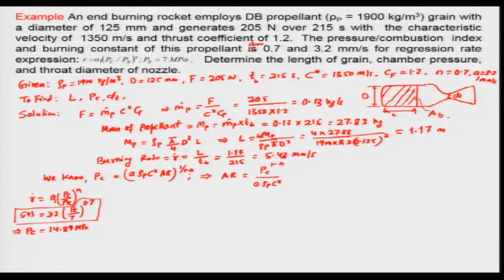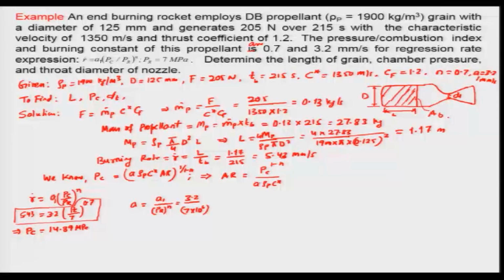And A I need to find out, A is basically in this expression, as we know from this expression, that A is nothing but A1 divided by Pr power to the n. So, this A1 is 3.2 into, that is your reference pressure, 7 into 10 power 6.